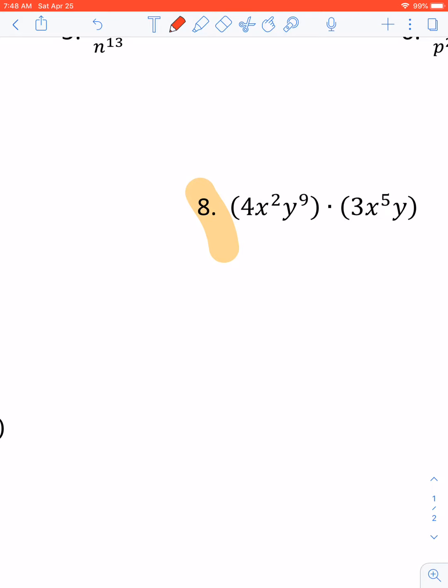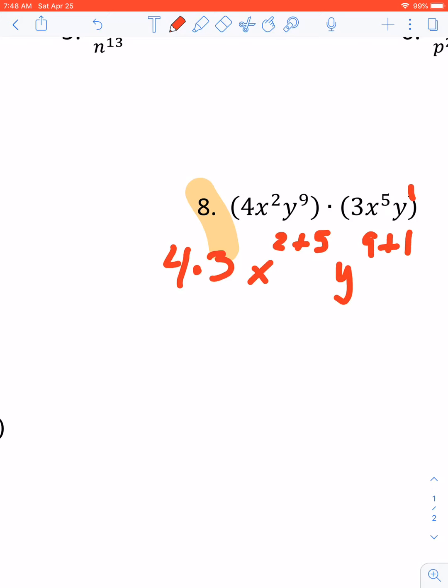Number 8 is a little bit different because now we also have numbers and variables involved. And remember, if there's no exponent on the number or variable, there's an imaginary 1 there. Okay? So what we do here is we combine our numbers, we multiply those together, then we take our variables and we add our exponents. So we multiply our numbers just like normal.